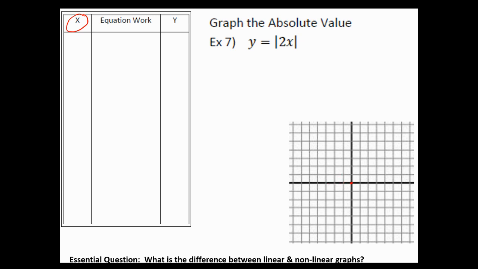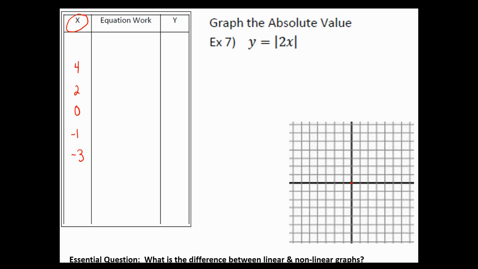That way you get an idea of what the graph looks like on each side of the origin, on each side of 0, 0. So I'm going to put 0 in the middle. I'm also going to choose 2 and 4. And then on the other side, I'm going to choose -1 and -3, just to show you that you can choose any number and you'll be able to produce a graph.